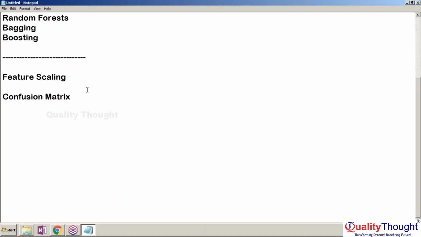So now coming to the feature scaling. What do we mean by scaling? Scaling is none other than something we can quite relate to a concept in statistics, that is none other than normalizing the data, normalization.